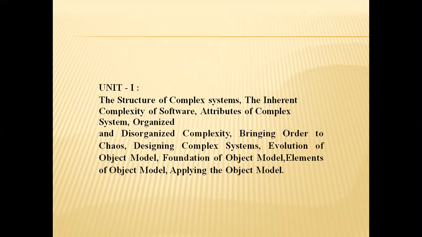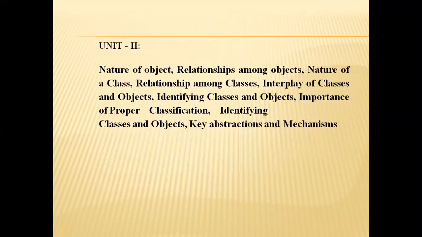In the first unit, you learn about the structure of complex systems and the object model. In the second unit, you learn about the nature of objects and the relationships among the objects, the nature of the class and relationships among the classes, the interplay of classes and objects, identifying the classes and objects, the importance of classification, and key abstractions and mechanisms.